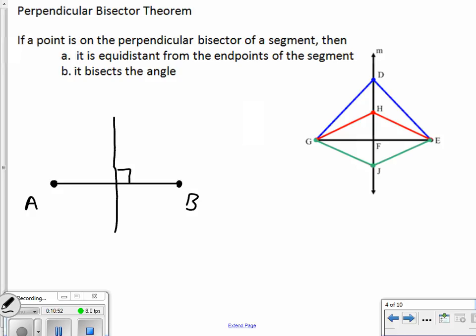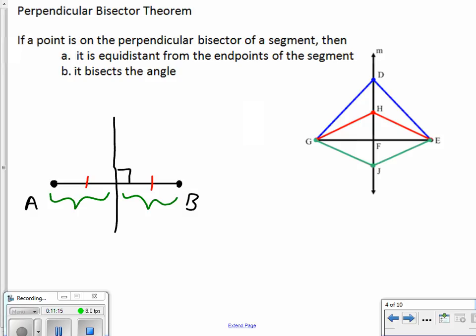So we'll say that's our perpendicular bisector. That means this length from here to here has to be the same as this length from here to here. Okay? And cut it at a perpendicular or 90-degree angle, so that's our perpendicular bisector.